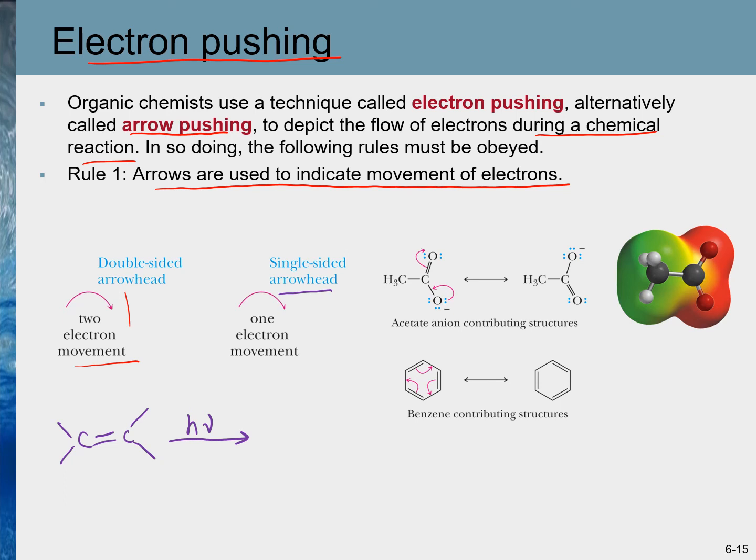Even breaking means one of the electrons will go to one side and the other electron goes to the other side. So for example, if homolysis takes place on this alkene, we show single-headed arrows, and these single-headed arrows represent the movement of a single electron.